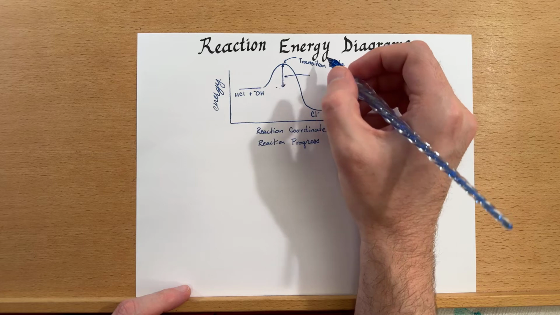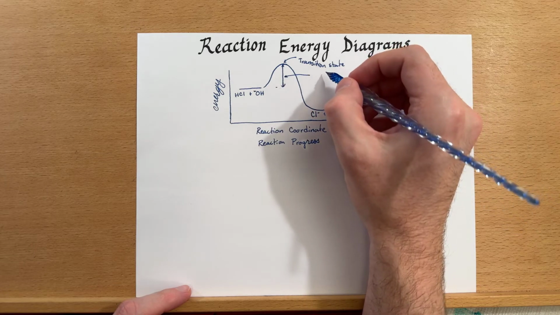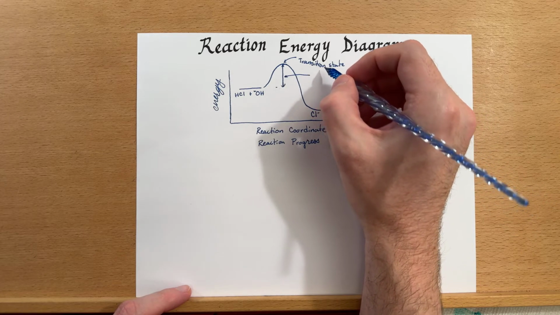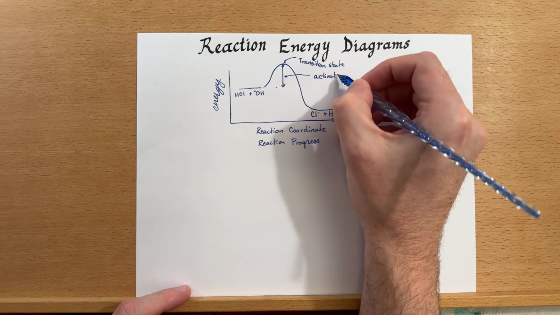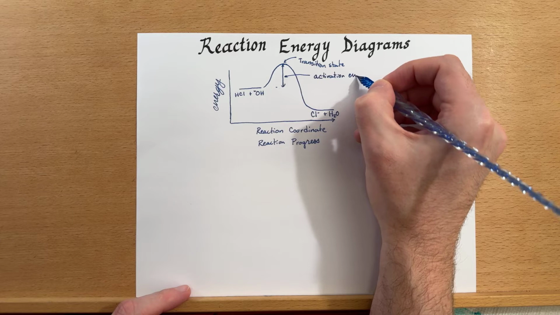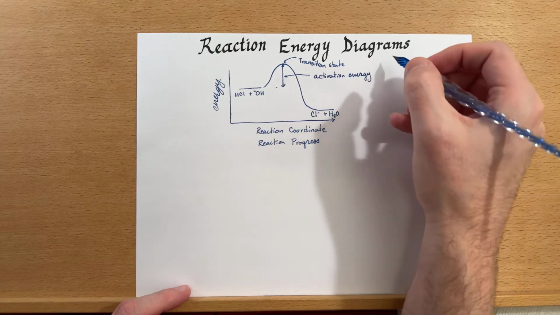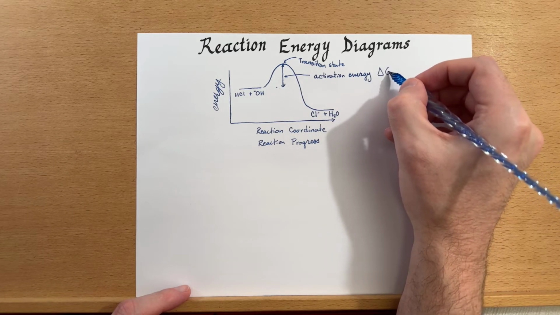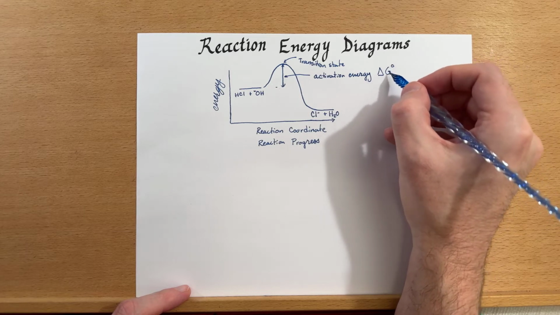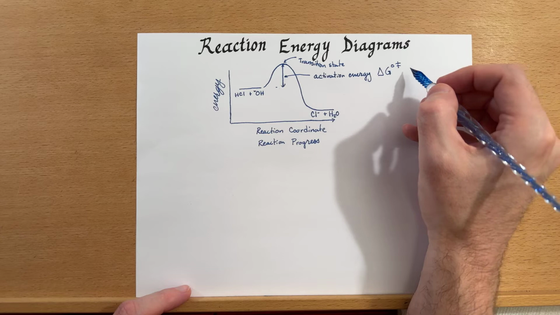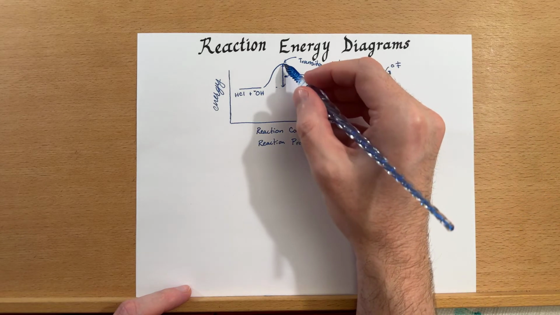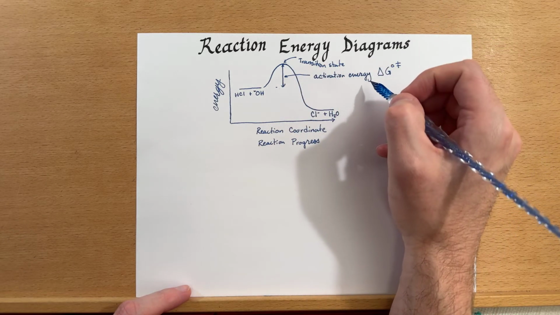And some people will label this delta G naught double dagger. So delta G under standard conditions, and then double dagger is indicating that it's going up to the transition state.